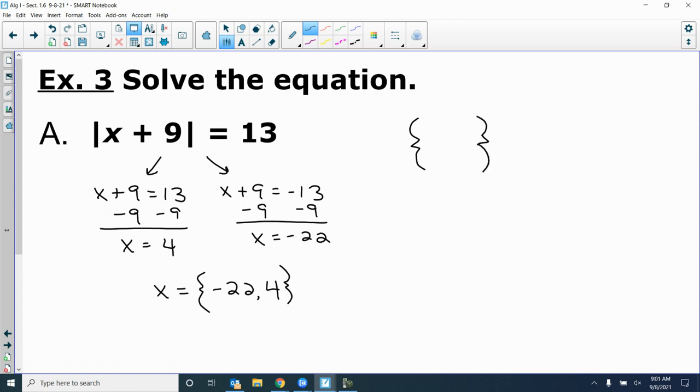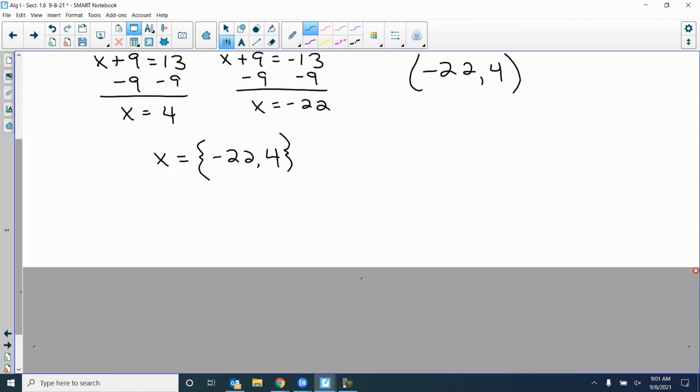You don't want to use regular parentheses, because that's an ordered pair, like from graphing, a point on a plane. So it's different. This says I've got two answers, negative 22 and 4.